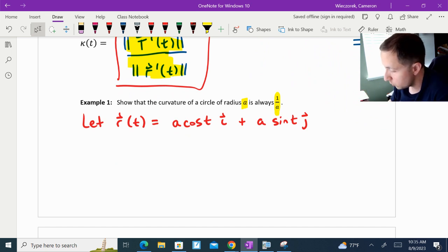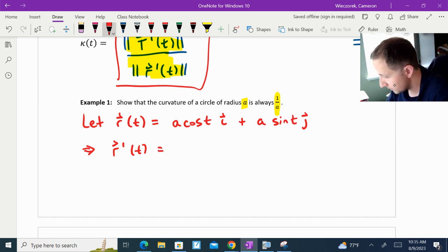So what do we need? We're going to need to define this capital T prime vector. That means we're going to need the tangent vector, r prime. So r prime would be, I think I'm going to work in components from now on, negative a sine of t, a cosine of t.